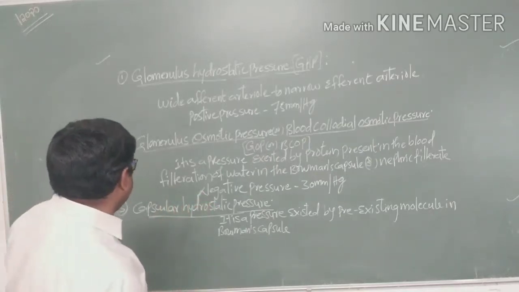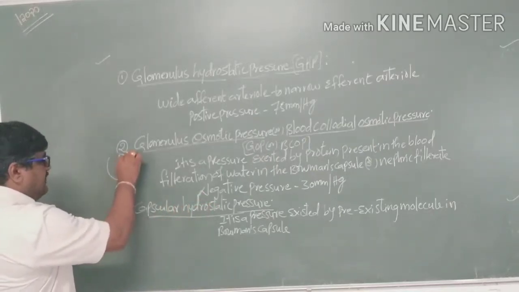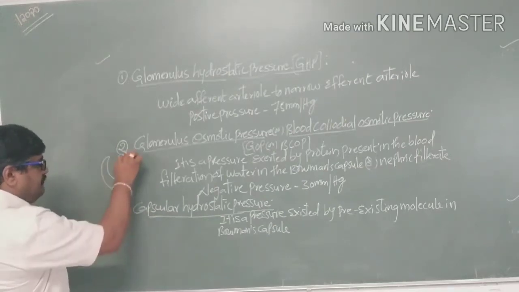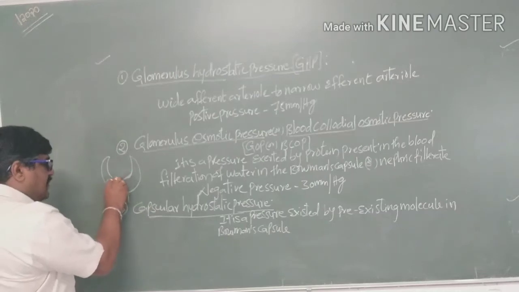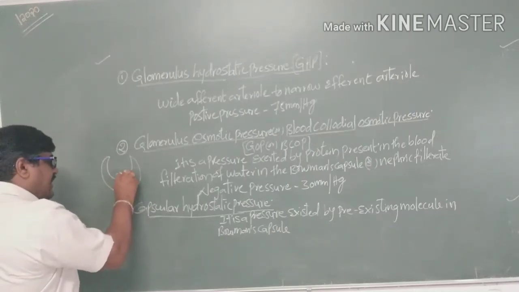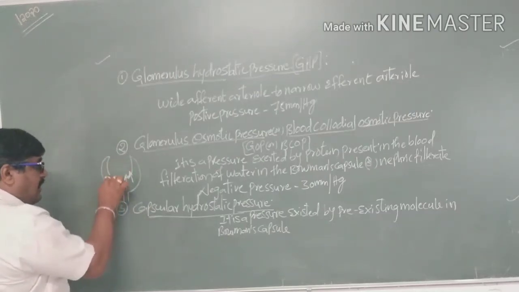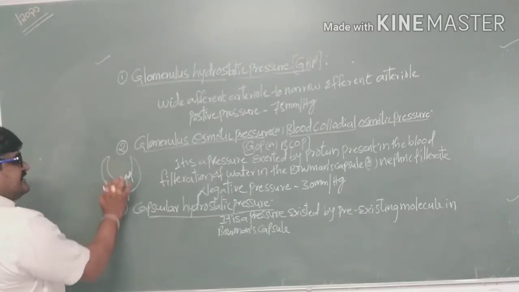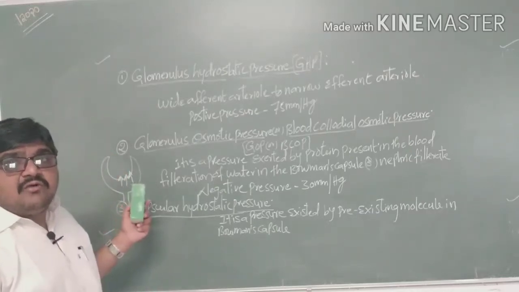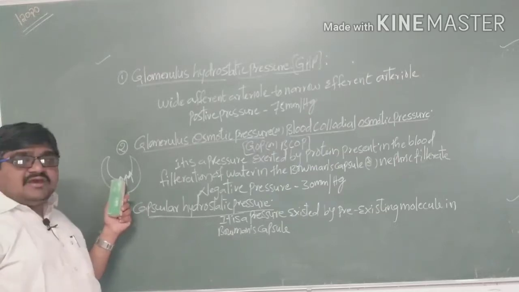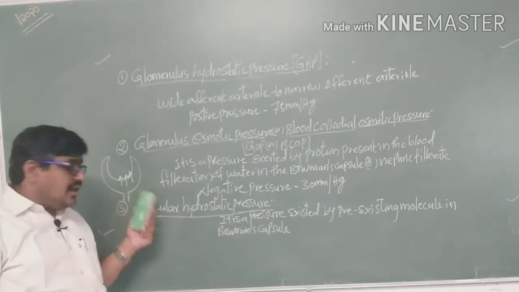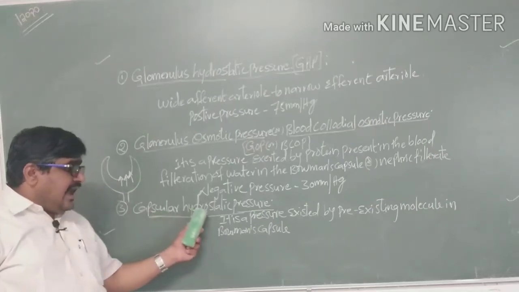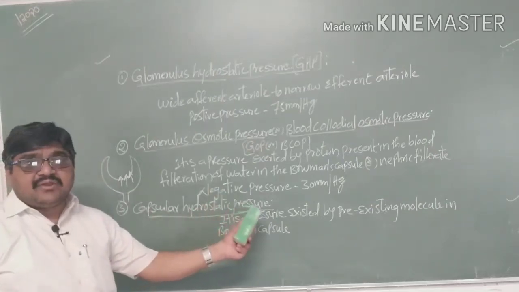For example, this is a Bowman's capsule. This molecule opposes the entry of a new molecule into the capsular space or into the Bowman's capsule. So this pressure is called the capsular hydrostatic pressure.